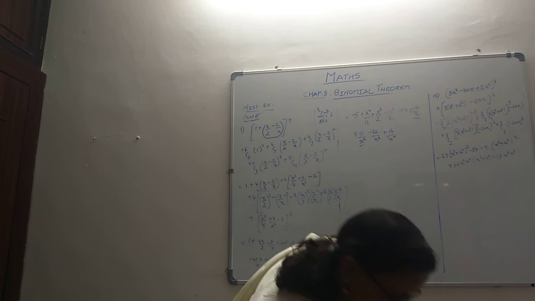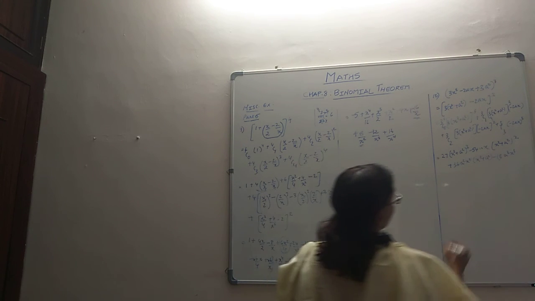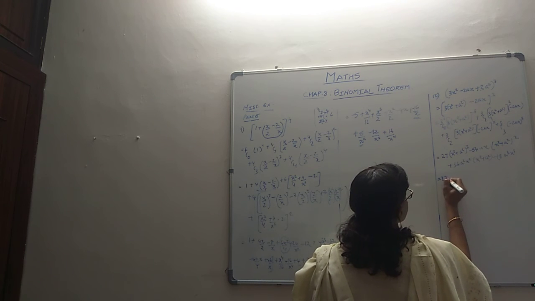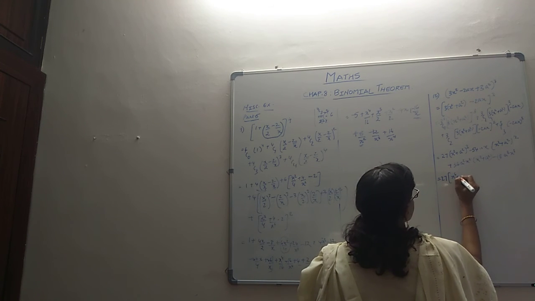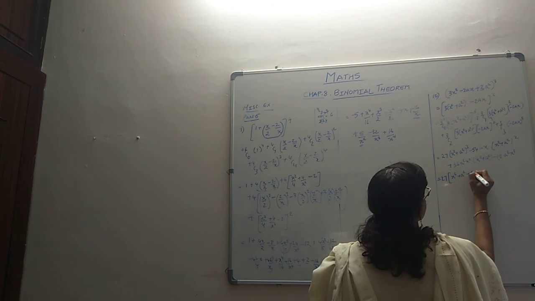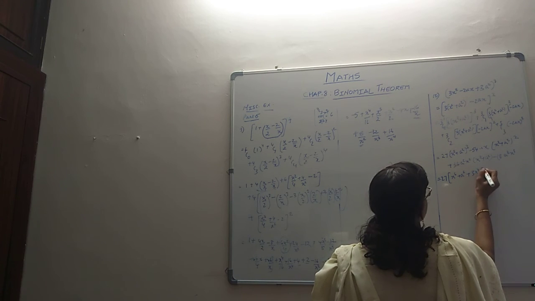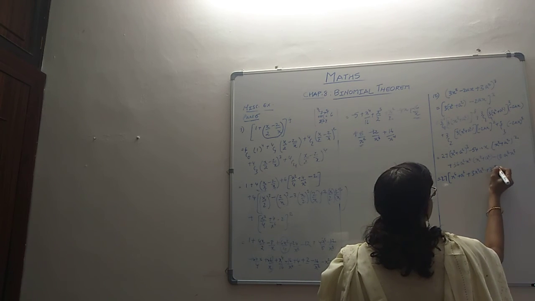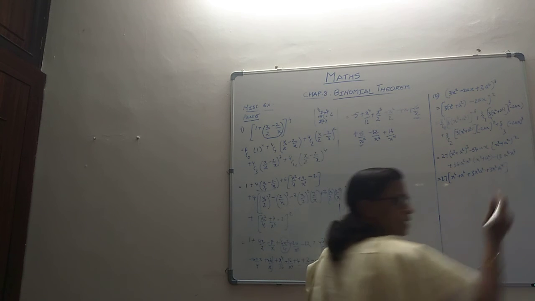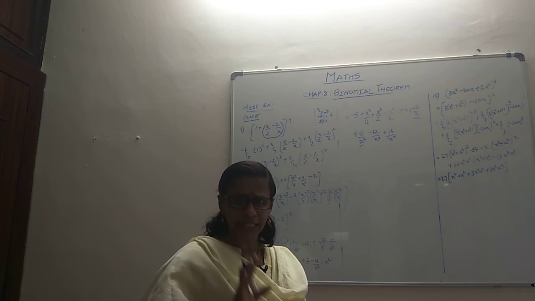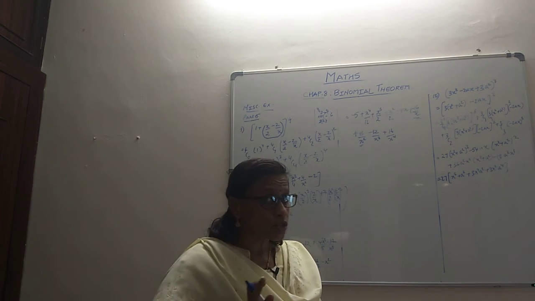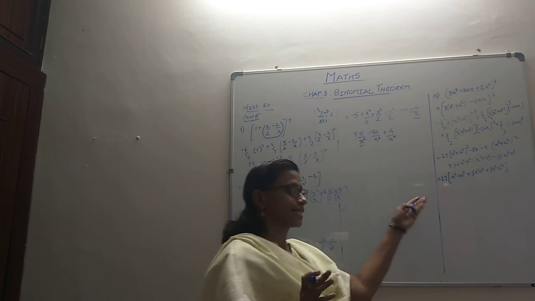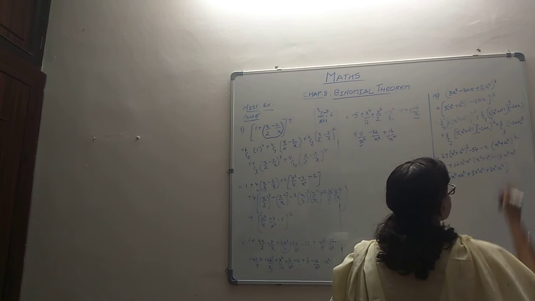Let's further see how this can work. We have the x cubes here, so it's 27 times x raised to 6 plus a raised to 6 plus 3x raised to 4 a squared plus 3x squared a raised to 4. The expansion of x plus y the whole cube is x cube plus y cube plus 3x squared y plus 3xy squared. Exactly that we have used here, and this is a square expansion.